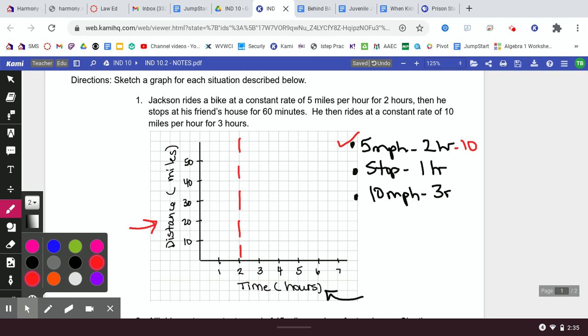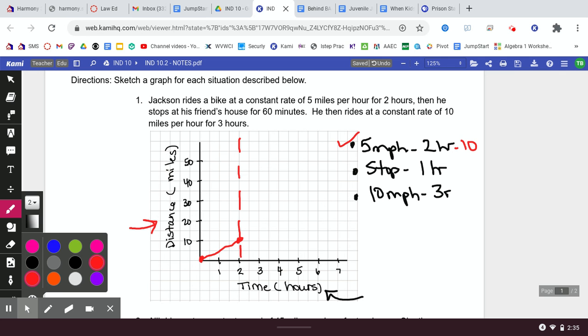So 10 miles. So in my little red section over 2 hours, I can get very specific about how high up my slope's going to go because it's going to reach up to 10, because I know that in those 2 hours Jackson rode 10 miles. So I'm going to be very specific with my slope.